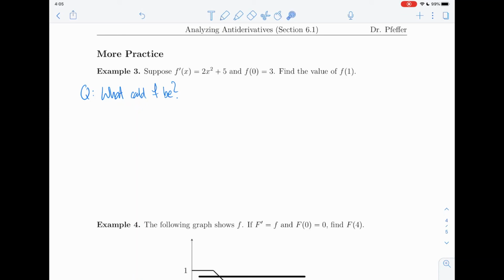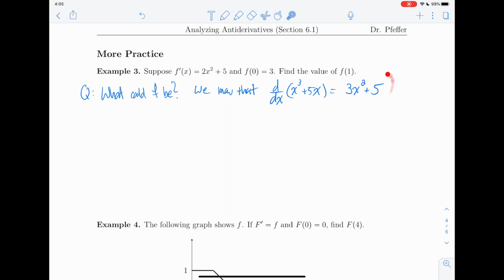Well, we need to have some sort of a function that differentiates into an x squared and no x's. We know we can get an x squared by differentiating, say, a cube, and we know we can get no x's if we differentiate only one x. So let's see. We know that if I were to, say, differentiate x cubed plus 5x, I would get 3x squared plus 5.